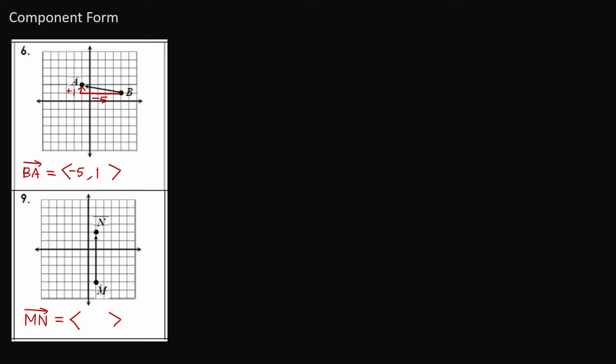My change in X would be 0. My change in Y, my vertical shift, would be from M to N, 1, 2, 3, 4, 5, 6. And if I'm moving up 6, that is a positive 6 change. My vector component form would be 0, 6. For additional practice with those problems, try out 5, 7, 8, and 10.